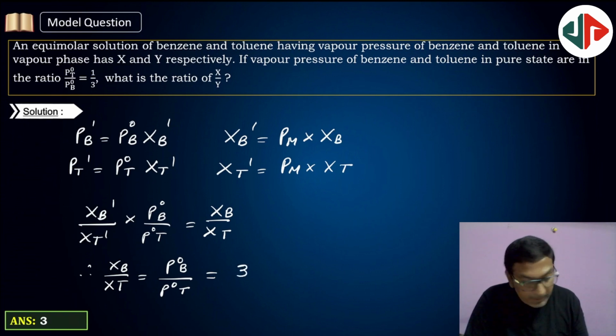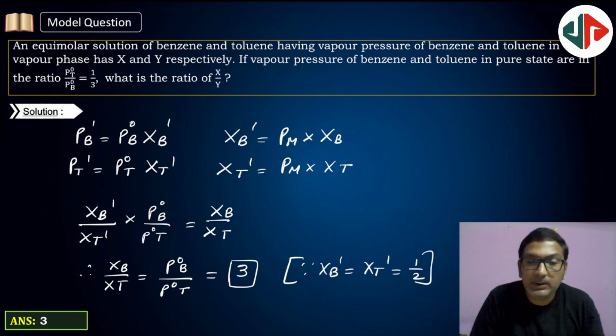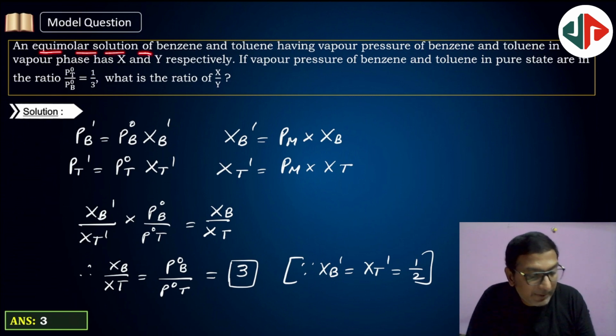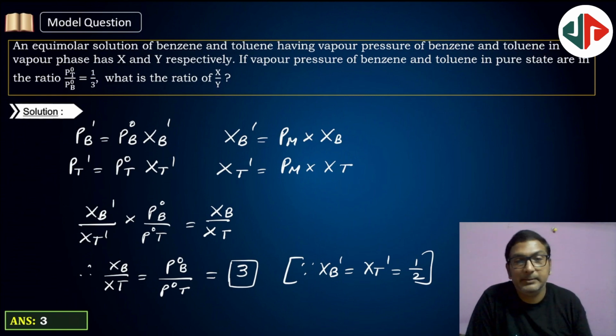Therefore, the value is 3. So check here, the answer is 3. Since XB and XT are equal to 1 by 2, an equimolar mixture is given, mole fraction 1 by 2, 1 by 2. Simple one. So for benzene vapor pressure X and for toluene Y, that is X by Y equal to 3.